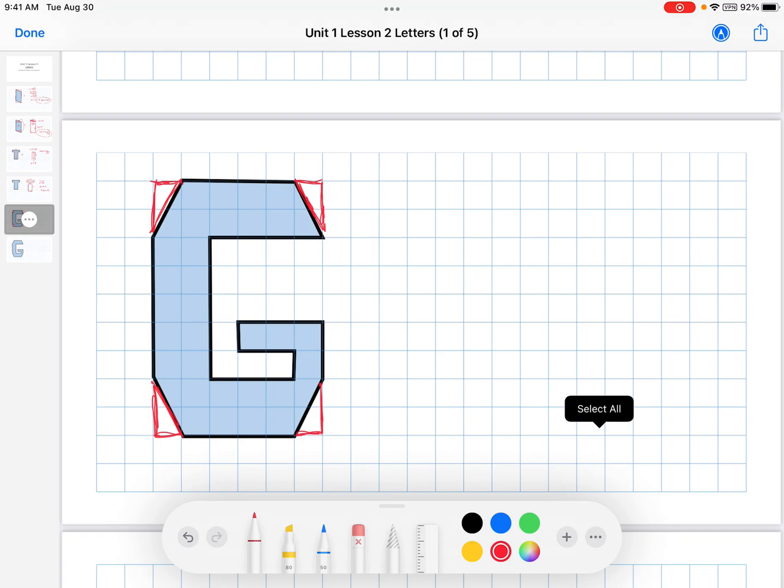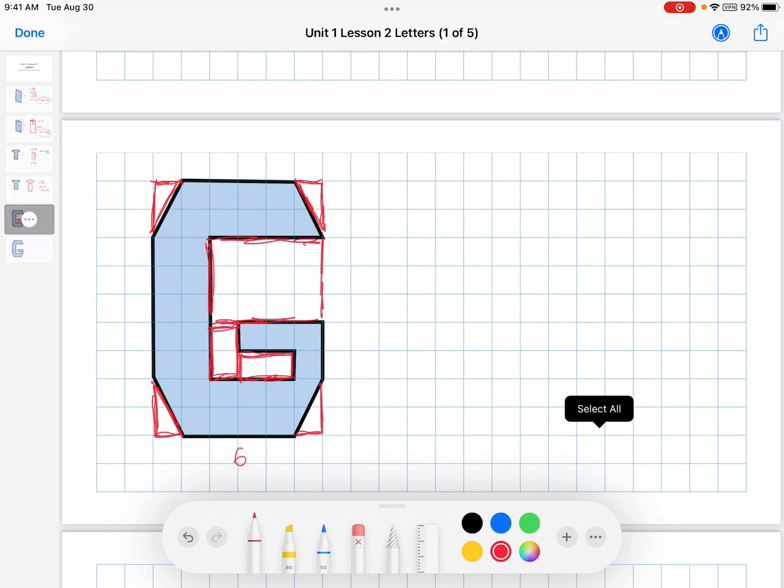And then I'm going to add a rectangle here, and a rectangle here, and a rectangle here. So that makes one big giant rectangle, all included.